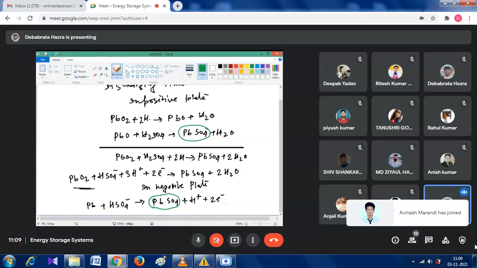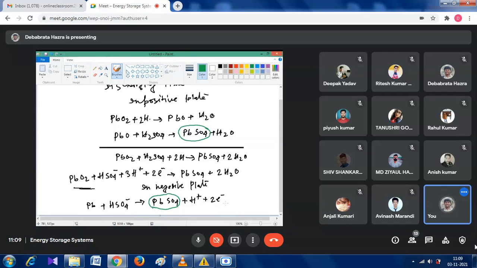So these two plates, positive plate and negative plate, after discharging become lead sulfate. That means when the battery is fully charged, the positive plate is lead peroxide and the negative plate is spongy lead. After discharging, both plates become lead sulfate.